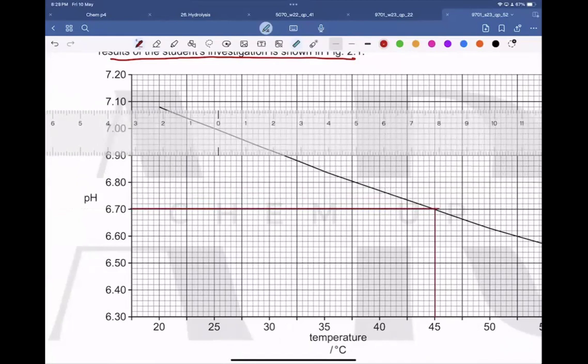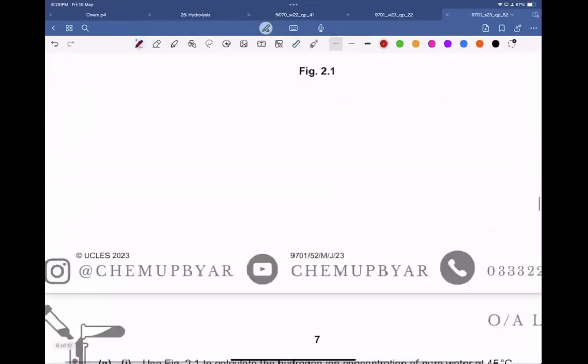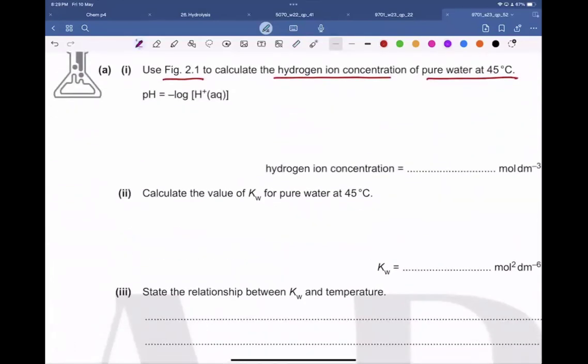So the pH we are getting is 6.70, right? So to find the concentration of hydrogen ions, 10 raised to the power minus pH, which is 6.70.